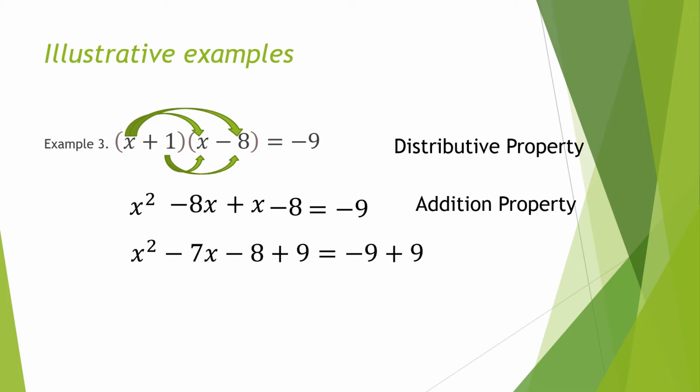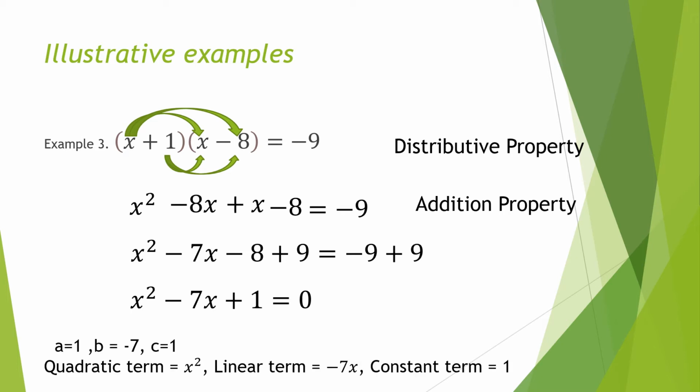Of course, we also add the positive 9 on the other side. So it becomes x squared minus 7x plus 1 is equal to 0. So a is equal to 1, b is equal to negative 7, c is equal to 1. The quadratic term here is x squared. The linear term is negative 7x, and the constant term is 1.